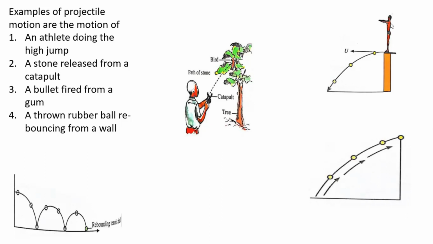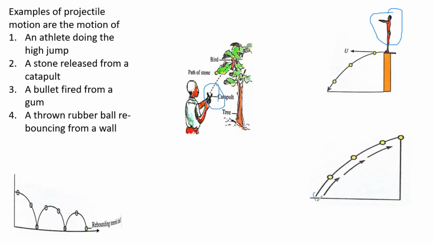This man is trying to jump in a parabolic manner. Or you have a stone released from a catapult, as you could see here, or a bullet fired from a gun.